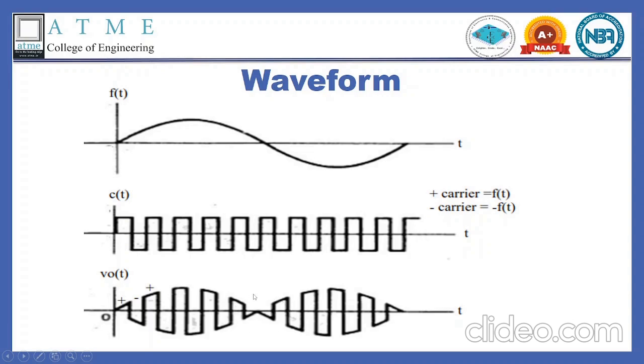Where a normal AM modulated signal has the carrier increased according to the modulation index, here the carrier is totally suppressed, and we have a phase shifting taking place here. This is how the DSBSC signal looks like, and we are going to get this as the output.